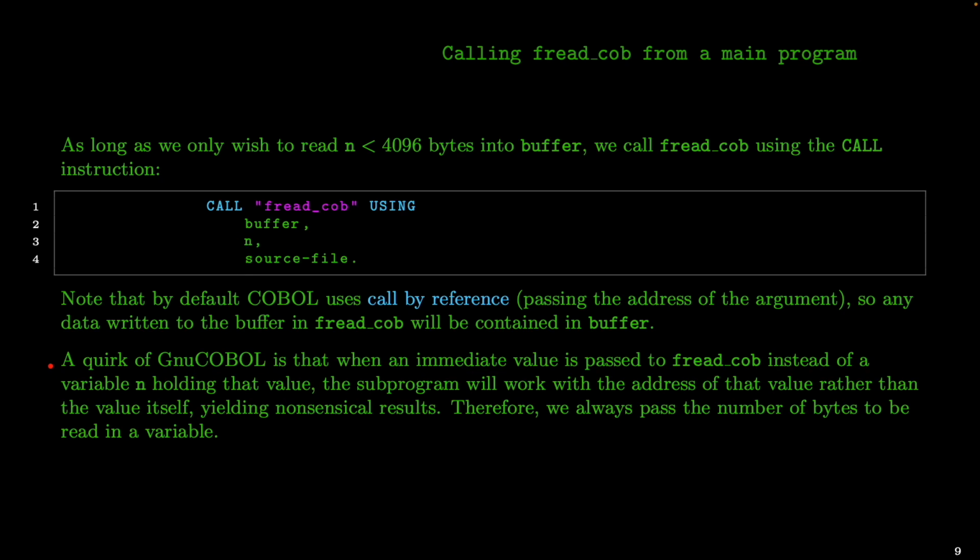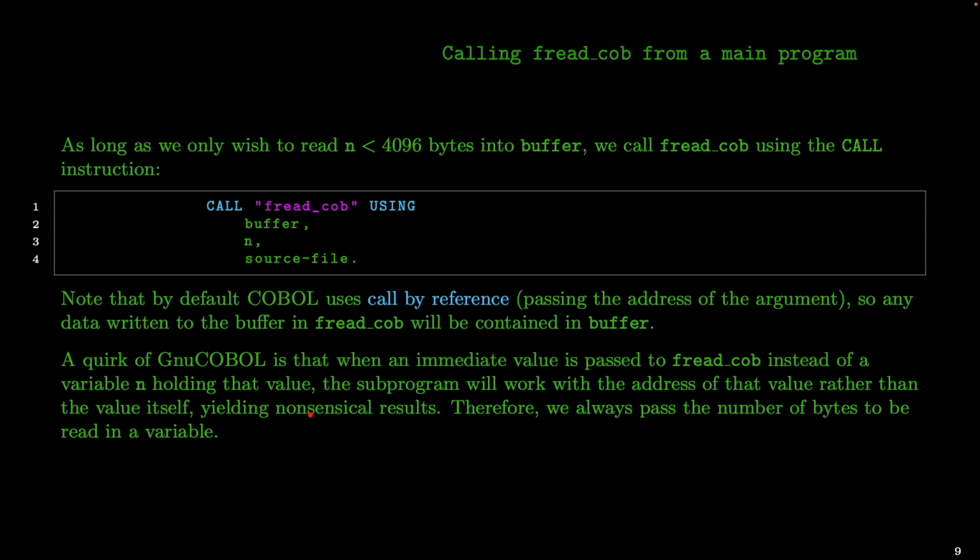Now, I noticed that in GNU COBOL, you get some error if instead of a variable n, you actually pass an immediate value. So if I would just write 4096 here as a number, then what I suspect happens, from briefly skimming through the intermediate C code that GNU COBOL generates, is that instead of using the constant 4096 as an argument, GNU COBOL will take the address of that number in memory and work with that.